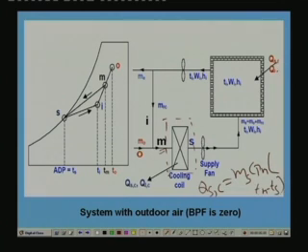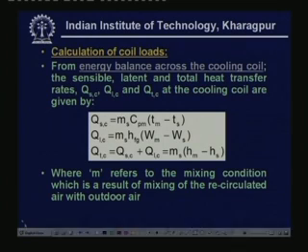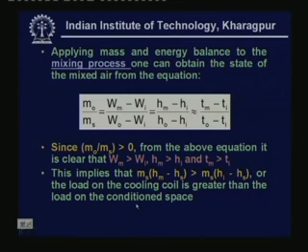Similarly, you can write an equation for the latent load, and you can also write an equation for the total load. If you do that, then you will find that for the coil, these are the different loads. This is the sensible load, this is the latent load, and this is the total load. Here, as I have already explained, M refers to the mixing condition, which is the result of mixing of the recirculated air with outdoor air, applying mass and energy balance to the mixing process.